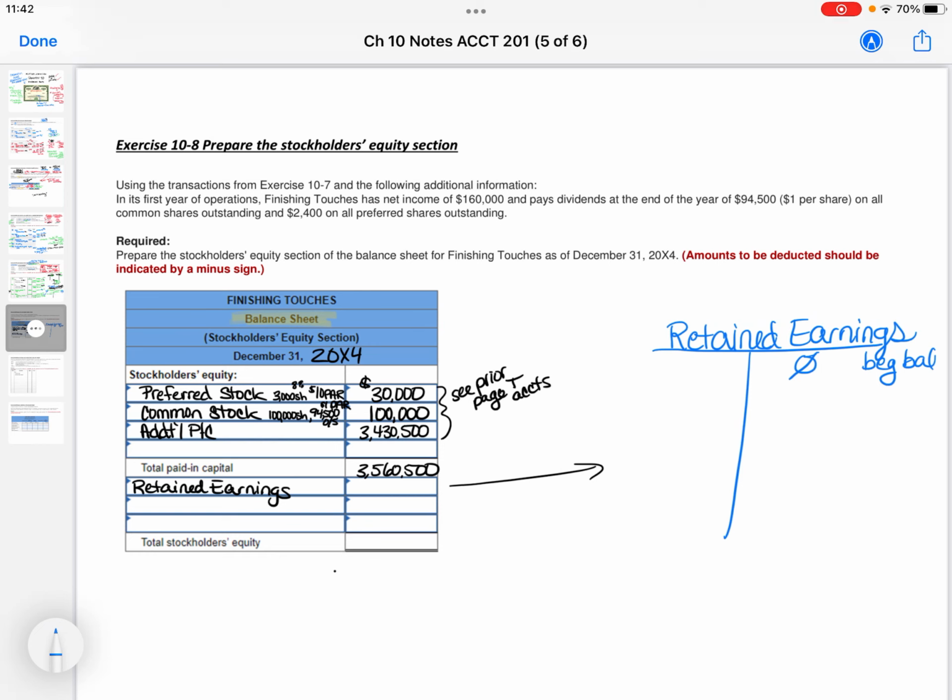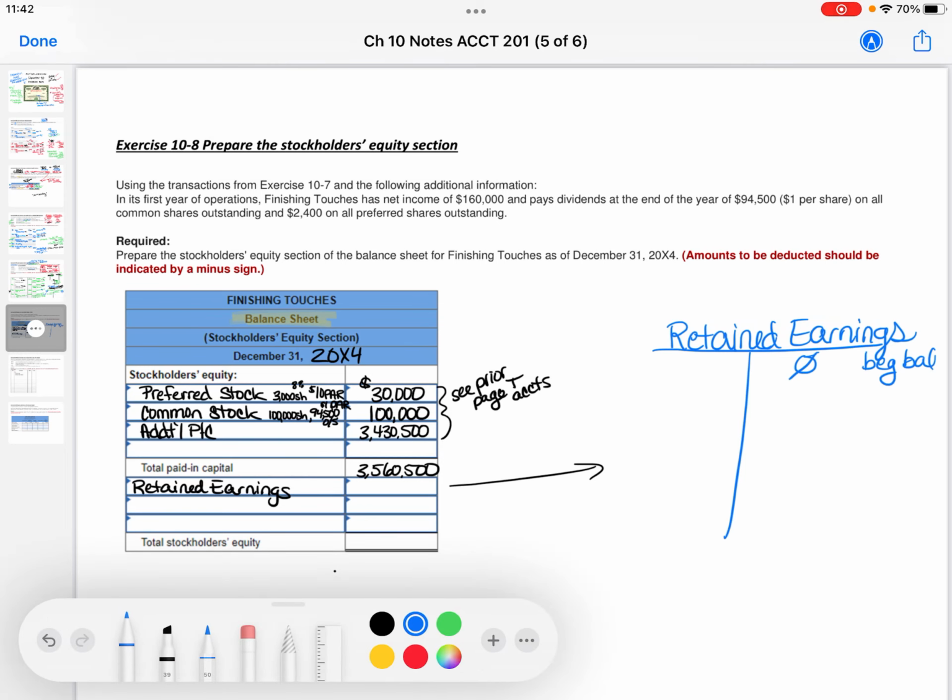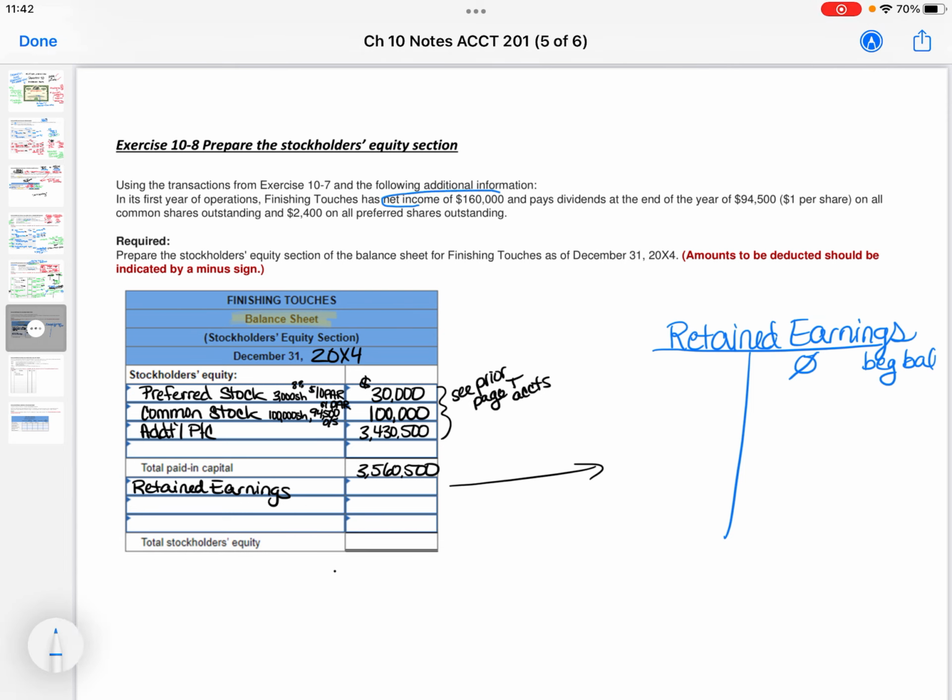Now, technically what we learned in chapter 3 is that we close revenue and we close expenses. Remember RED? We'd close all of these accounts here. So I'd have revenue and expenses. In this problem, they didn't give us those amounts separately. Instead, they gave us net income. Net income would be revenues minus expenses.